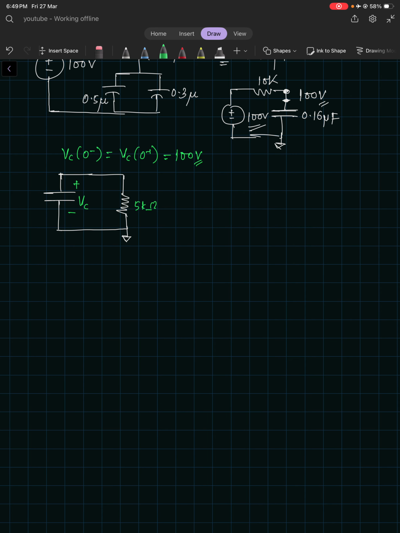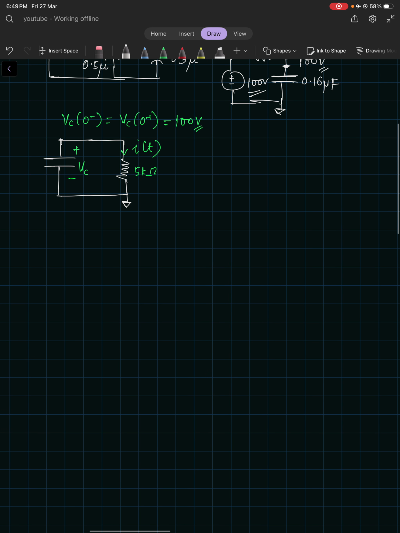Now it is asking for I of t. So what is I of 0 equal to? Let me draw the circuit, the capacitor was charged to 100 volt. I have drawn this circuit at t equal to 0 plus. So this is I of 0 plus, right?